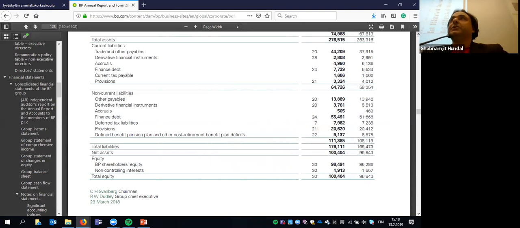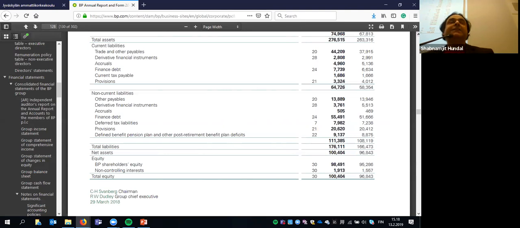Have you seen this equation before? What does this equation mean? Assets equals liabilities plus capital. Liabilities is the money which I owe to people who give me a loan, and capital is those people who invested the money in the company. They took risk. And when you put them together, it becomes total assets.